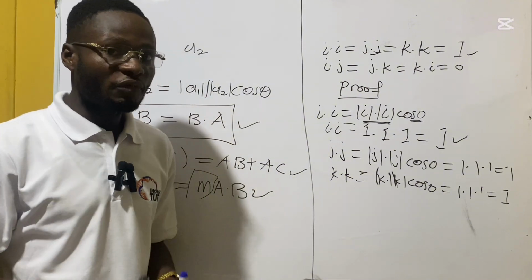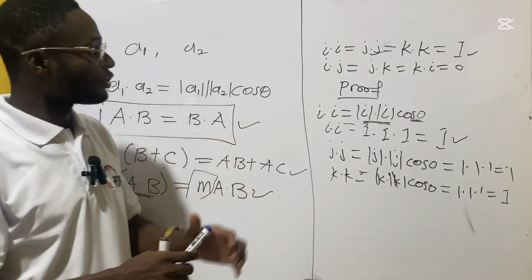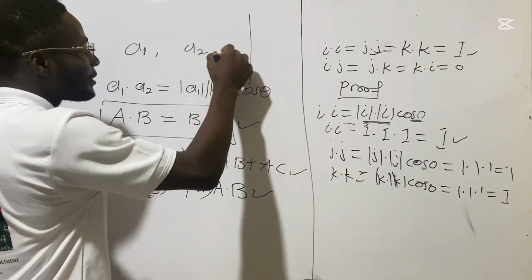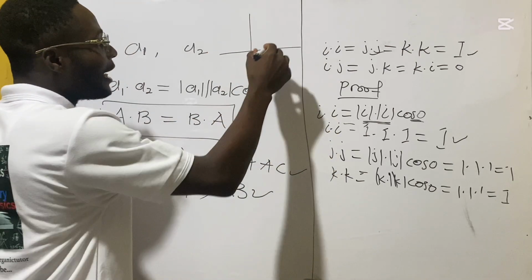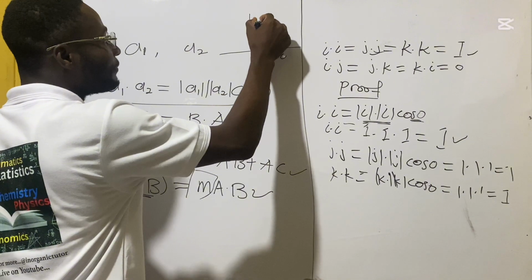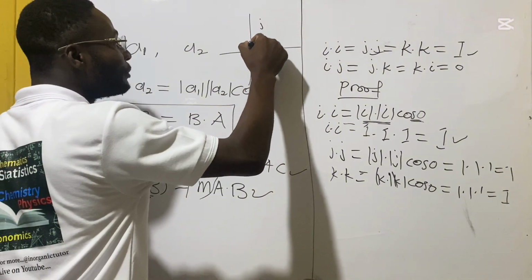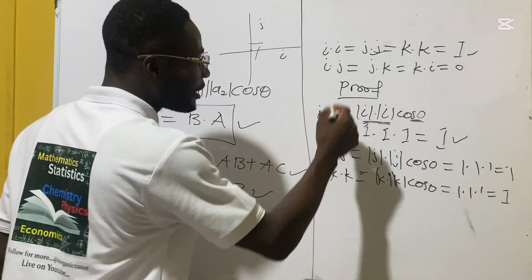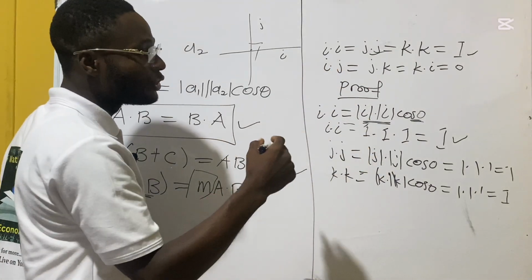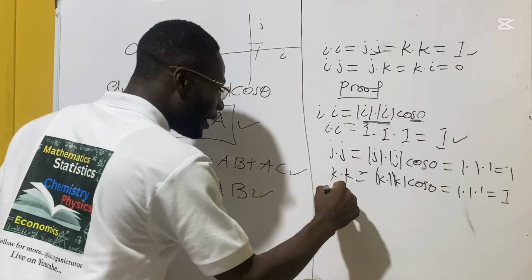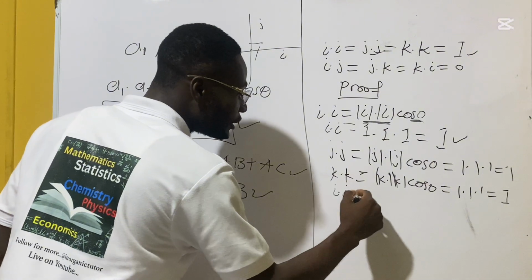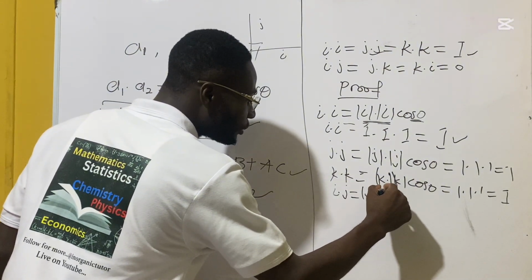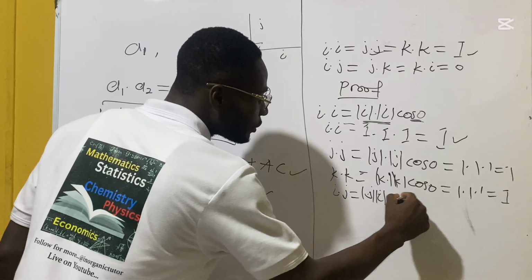When it comes to the opposite position vectors, then you can begin to think of being perpendicular. So they are moving in the perpendicular direction because you have something like this, right? And you have i here, you have j here. So meaning the angle between them is 90, right? So when you take the dot product, you're going to have 0. So i dot j is equal to the magnitude of i times the magnitude of j cos 90.